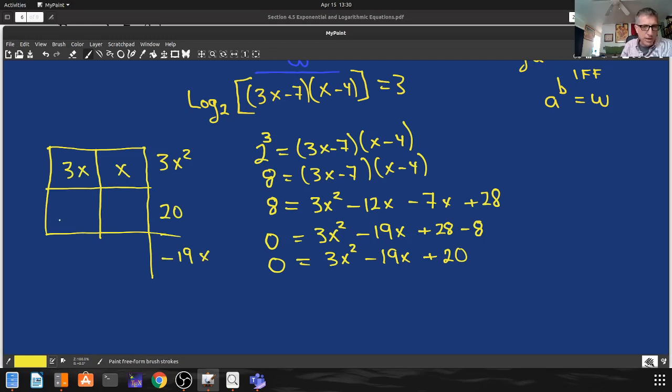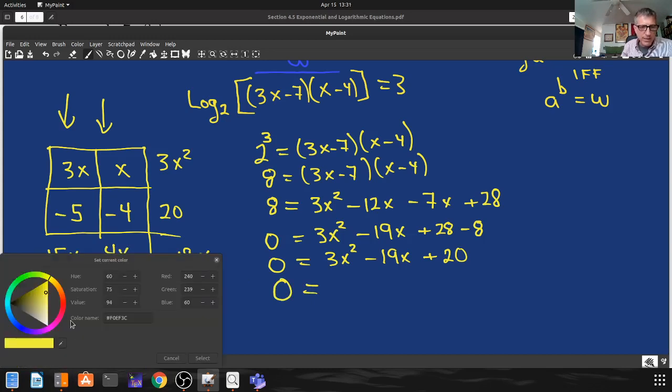And let's try, since this is going to be a minus 19, and this is a positive, both of these have to be negative factors. So I'm going to try that. Minus 5 times minus 4 gives me 20. 3x times x gives me 3x squared. Now multiplying down this way, that gives me minus 15x minus 4x. So that gives me 19x. So that's the information I need.